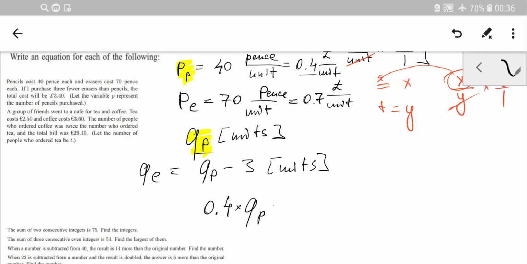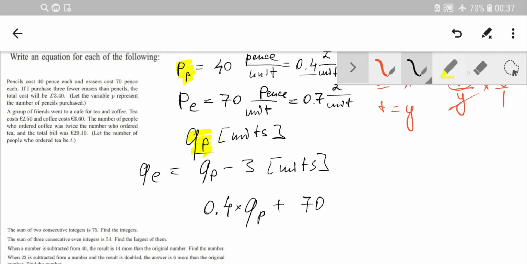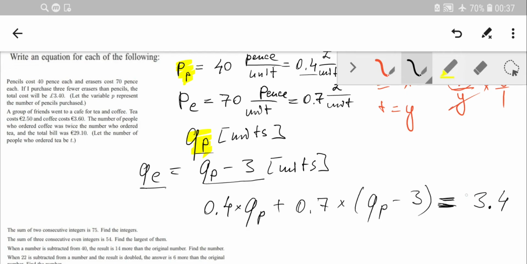Then you add the total cost of the erasers: in pounds you'll get 0.7, and you multiply by the quantity of pencils minus 3, because we already established that the quantity of erasers is 3 less. That will be equal to the total cost, 3.4 pounds.